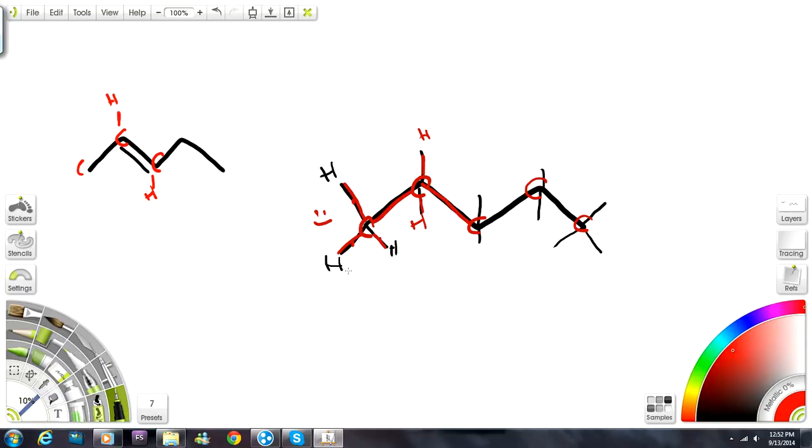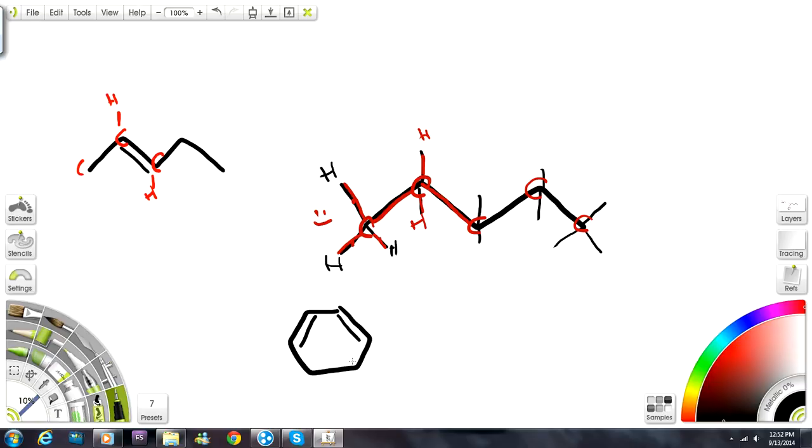There's the 4 bonds. And sometimes you'll find problems where you might have a carbon ring that looks like this, and often there are double bonds in here.